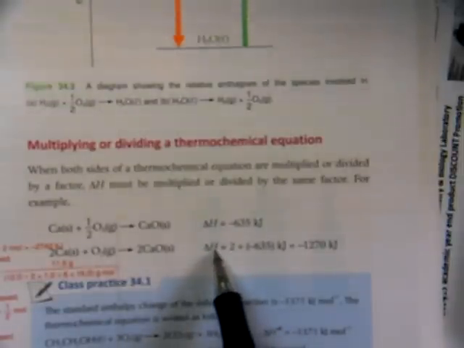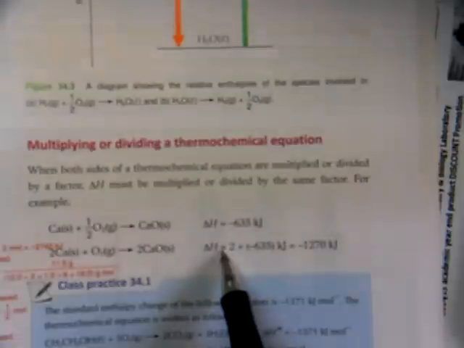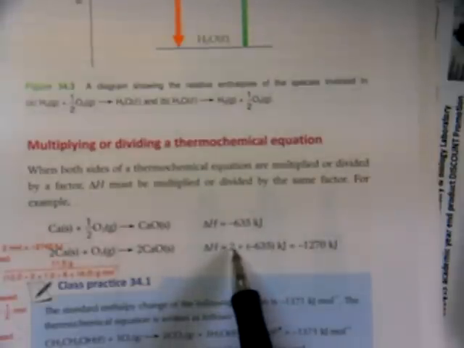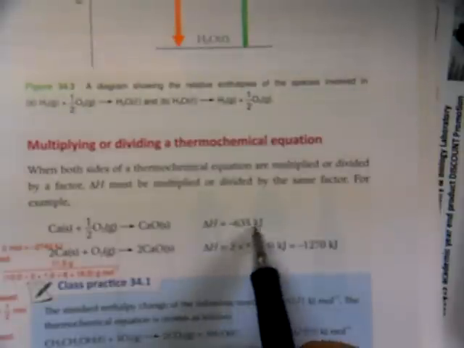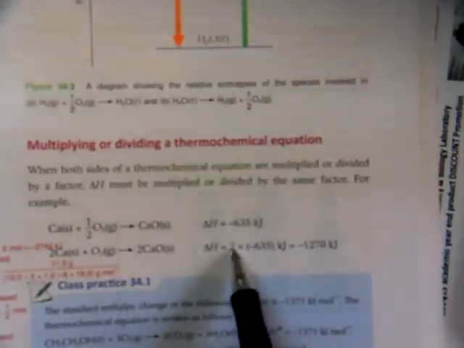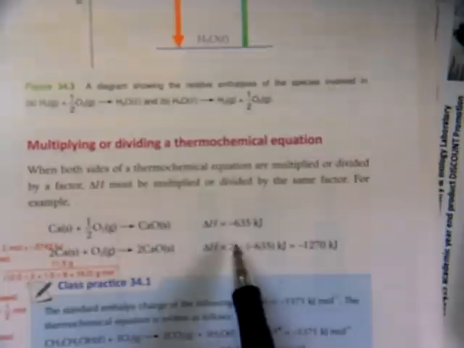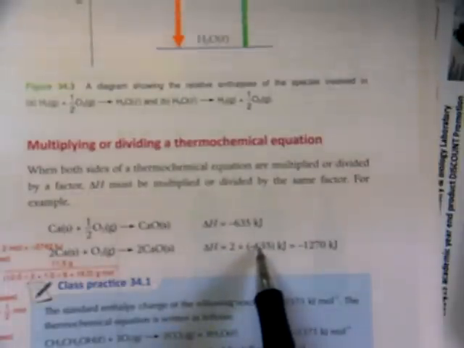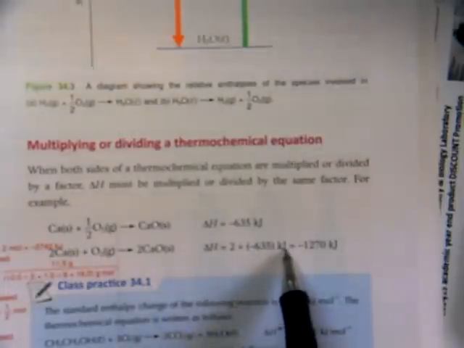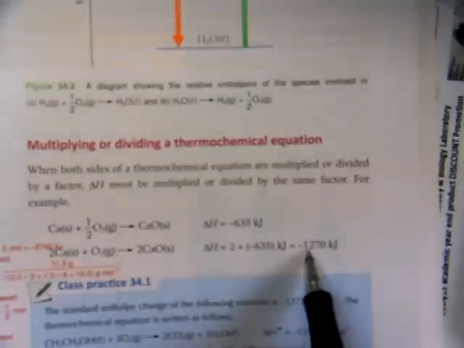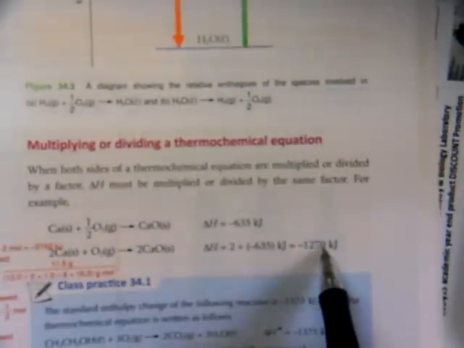The delta H is increased by double the amount, because now we are talking about 2 moles. 2 times negative 635 kilojoule, which is negative 1,270 kilojoule.